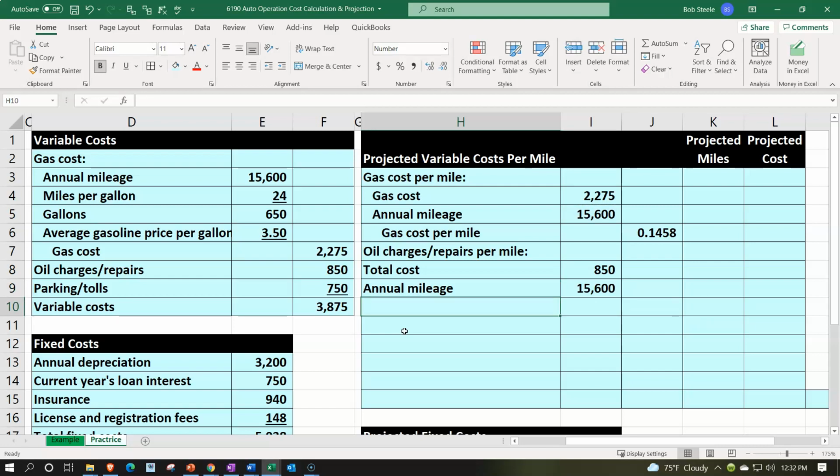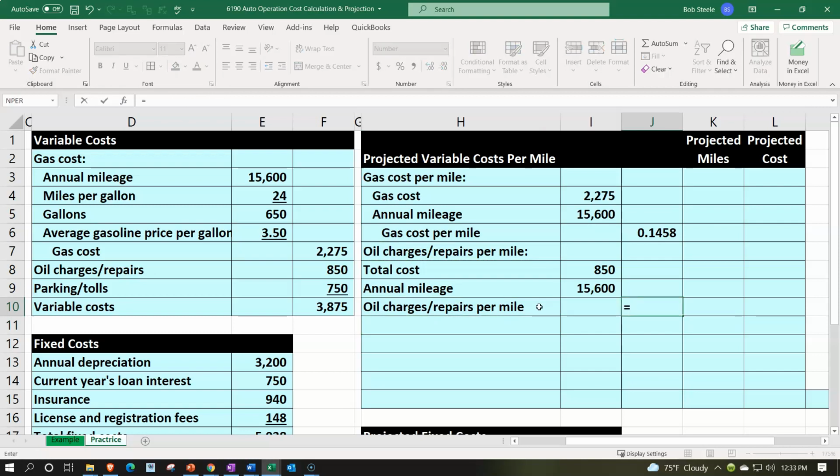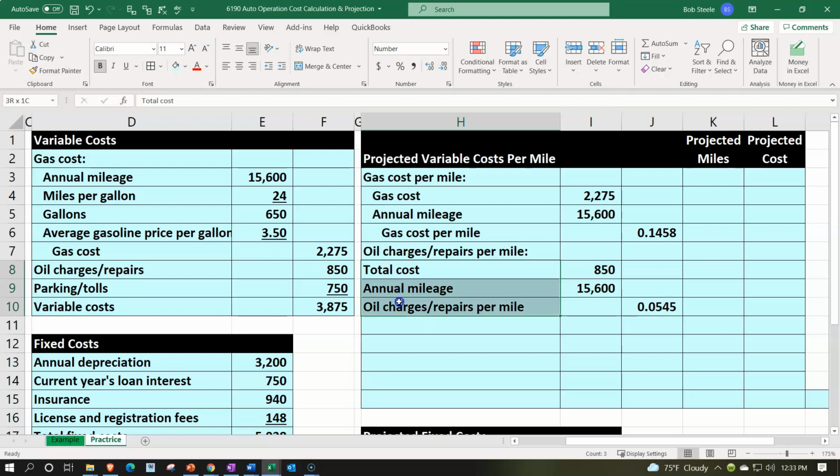Sorry, I'm getting a little confused. I got confused, but I'm back now. The confusion has passed. This is going to be the 850 divided by the 15.6. And then we'll put some decimals there, number group, decimals. So there we have that. Let's put some indentation, alignment, indent. This one also, alignment, indent.